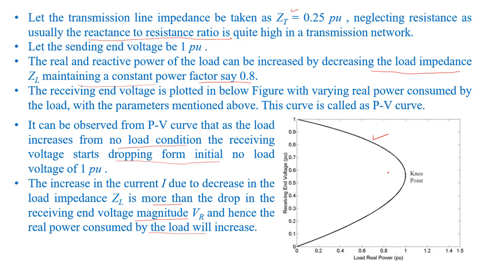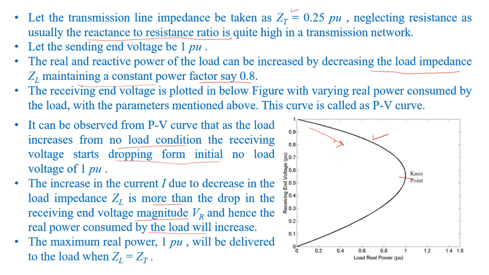So up to this knee point, though the voltage is decreasing, the real power is increasing, because the decrease in the load impedance causes the load current to increase more than the drop in the voltage VR. The maximum real power, 1 per unit, will be delivered to the load when ZL equals ZT.